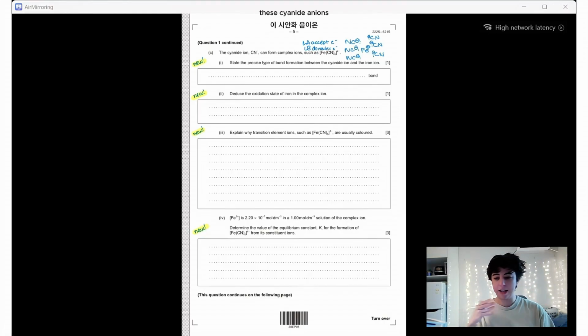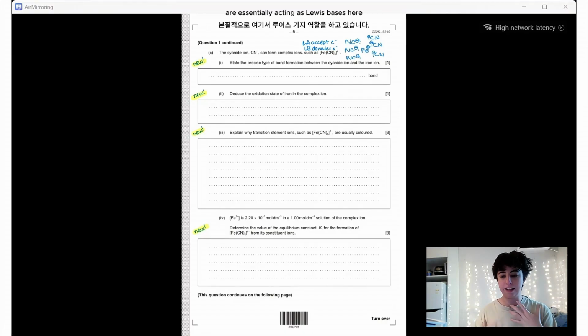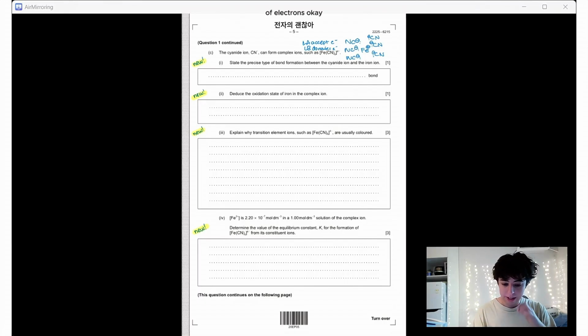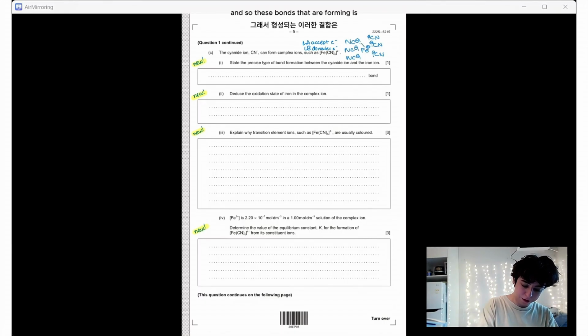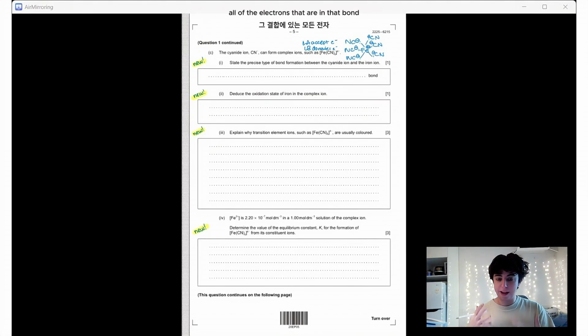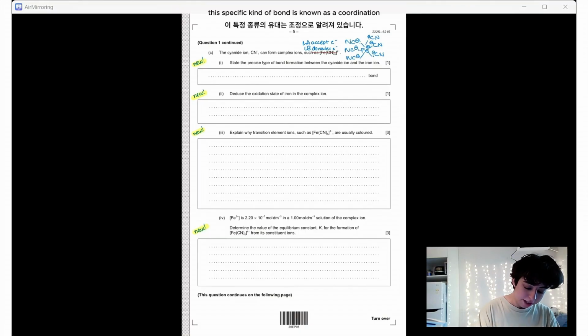These cyanide anions are acting as Lewis bases because they donate that lone pair of electrons. All of the electrons in these bonds are coming from the ligands, which act as Lewis bases, donating electrons, and the iron is accepting them. So this specific kind of bond is known as a coordination bond.